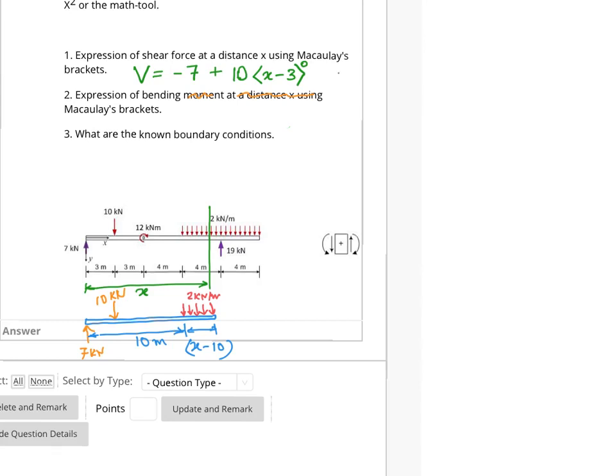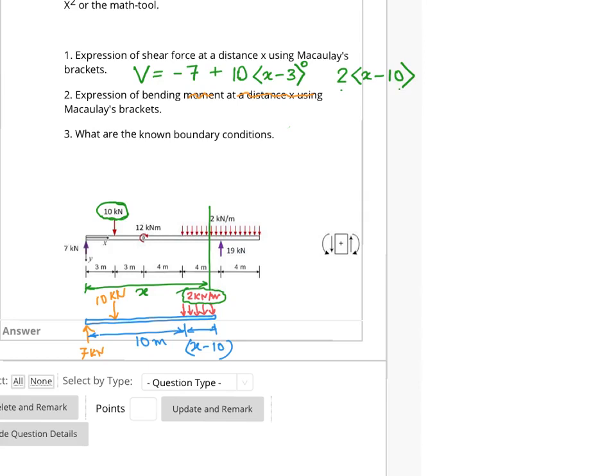So what I need to write is 2 times x minus 10, because x is valid for more than 10. Here, multiplication of 2 and x minus 10 gives you the shear force, unlike the 10 kilonewton force which was here, that was the force itself, but the UDL is 2 kilonewton per meter.